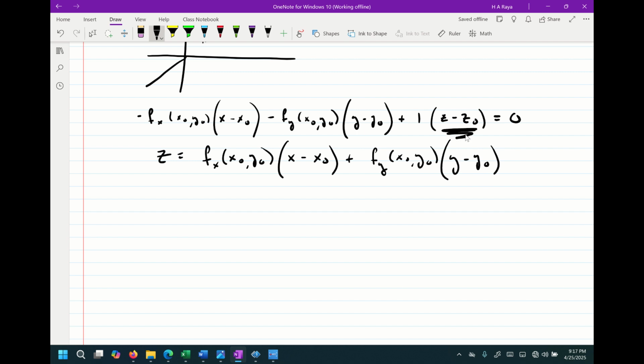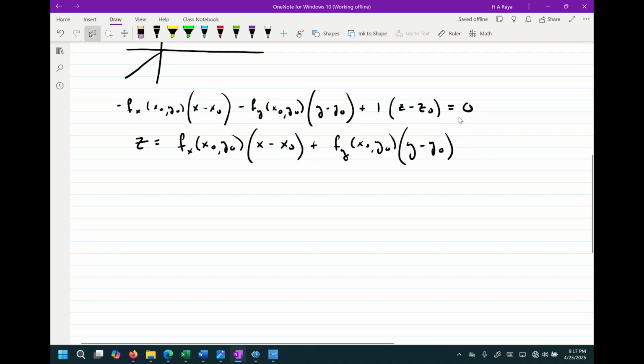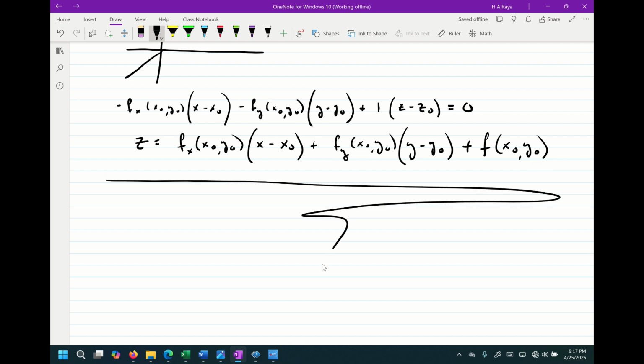And then we'll have this equal to z minus z naught. And if I move that z naught over to the right-hand side, I could cap this off with a plus z naught. But if you're working with a function f of x, y, that z naught is really going to be the value of your function at x naught, y naught. So this is a formula for the tangent plane at x naught, y naught.